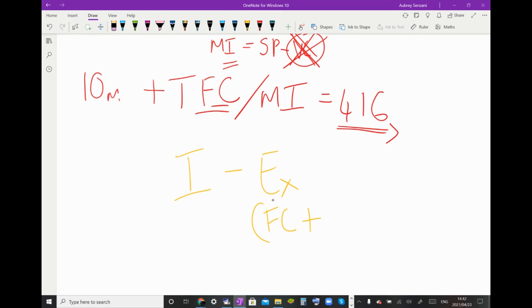So now basically all that we are saying is, we want to ensure that our profit is 10 million, okay? So if we want to have a profit of 10 million per annum, we know what our fixed costs are, we know what our variable costs are.